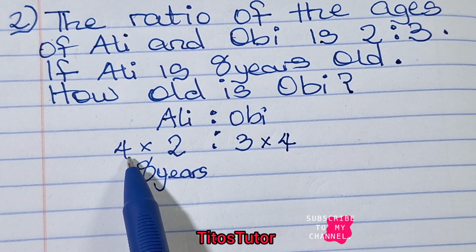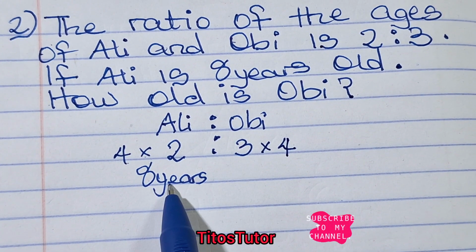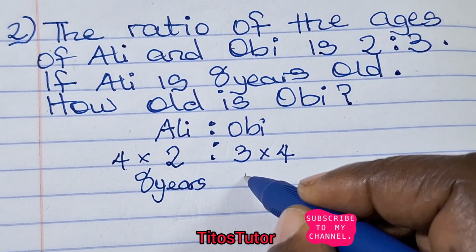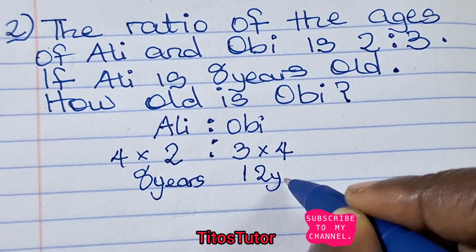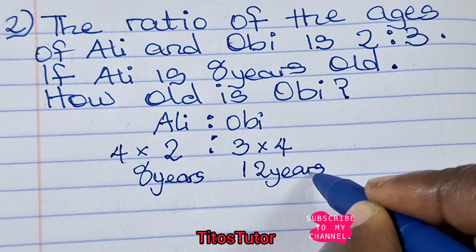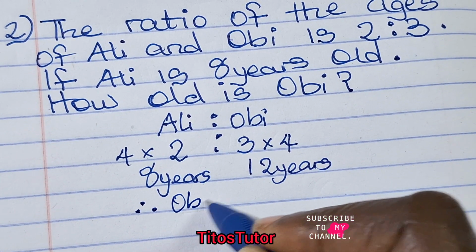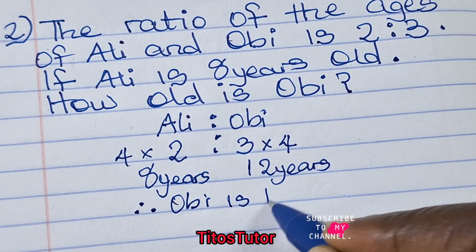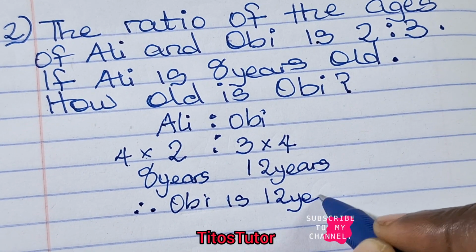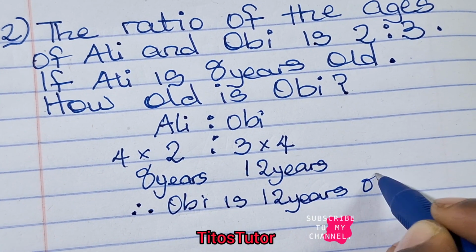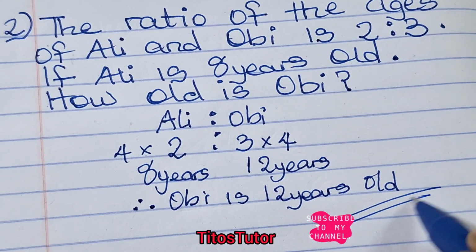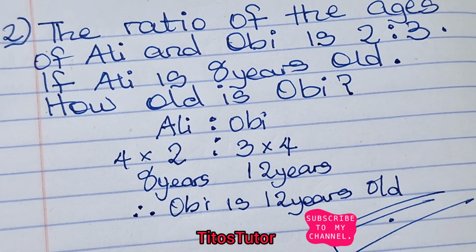All right, so 4 times 2 is 8 years. 3 times 4 is 12 years. Therefore, Obi is 12 years old. And I'm done.